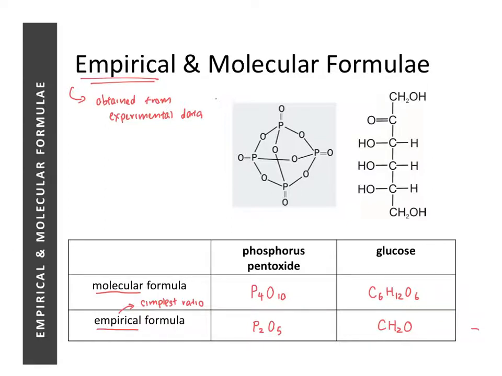Meaning we can determine that for every 2 phosphorus atoms there are 5 oxygen atoms. So from experimental data we can only obtain the empirical formula, and then making use of some other data we can then obtain the molecular formula. So that is why molecular formula reduced to the simplest ratio is known as the empirical, the experimental formula.